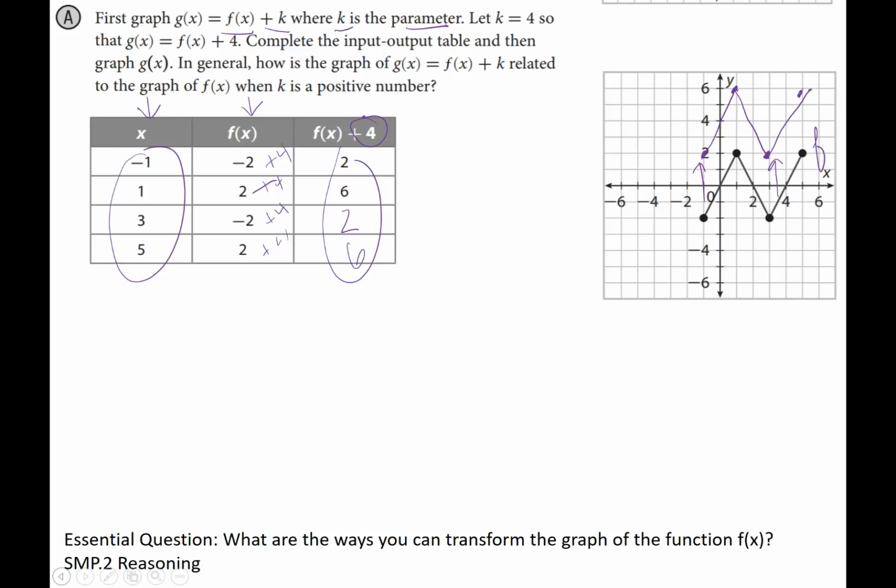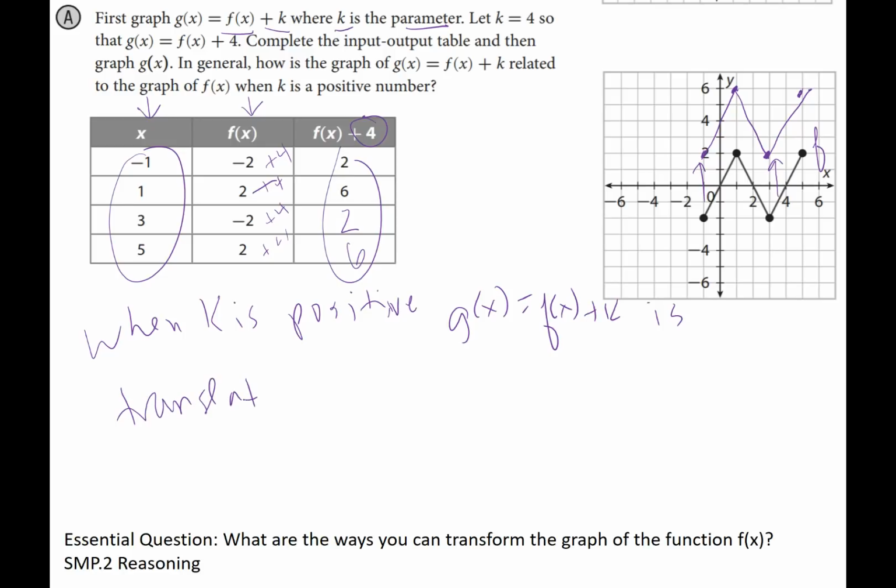So we would say that when k is positive, g of x equals f of x plus k is translated up k units. Because notice it went up 4 units, the same number that we put in.